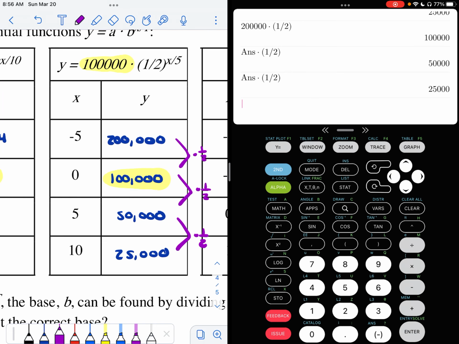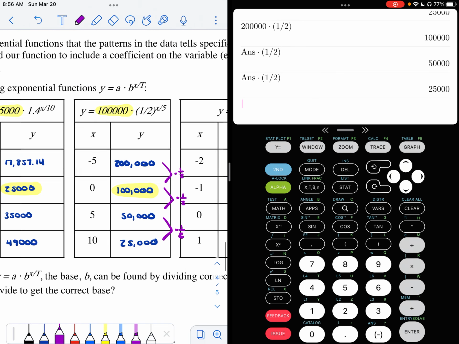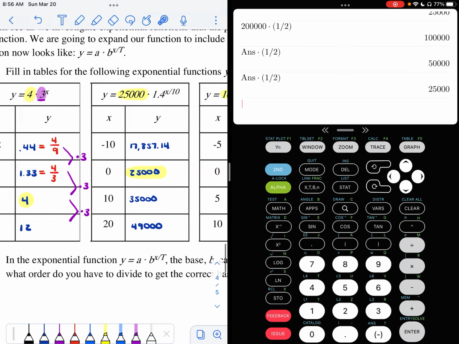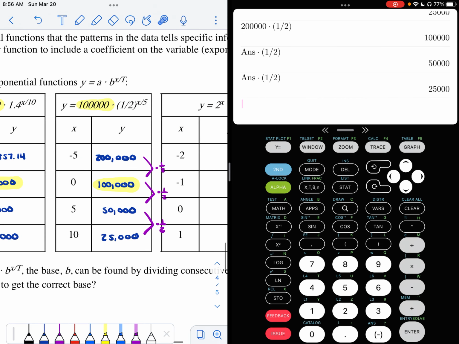So for each of these, multiplying by a half, which is our base, we get the next value. Now, this is a little bit odd because in the first one where we saw this, we were just going up by ones in our x's. We went from -2 to -1 to 0 to 1, and that's where we saw that base represented multiplying by 3 each time. Whereas on this example, we're not going up by ones, so you would think you wouldn't see that same pattern, but we're going up by 5s.